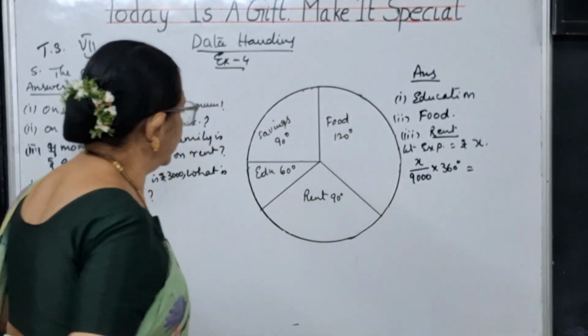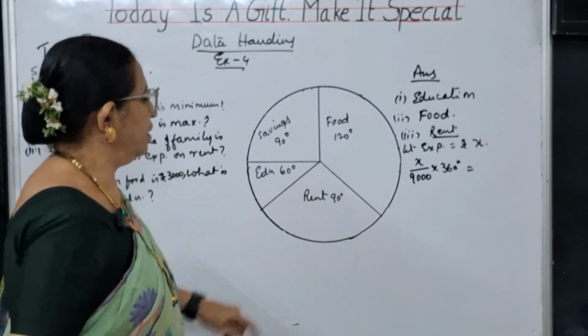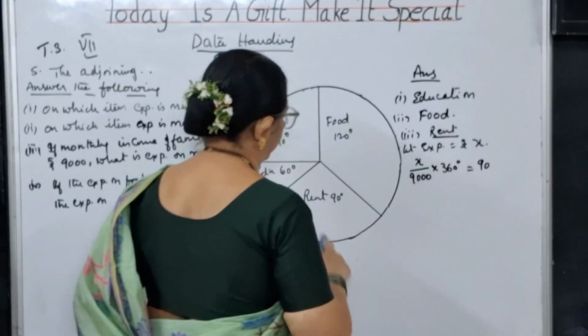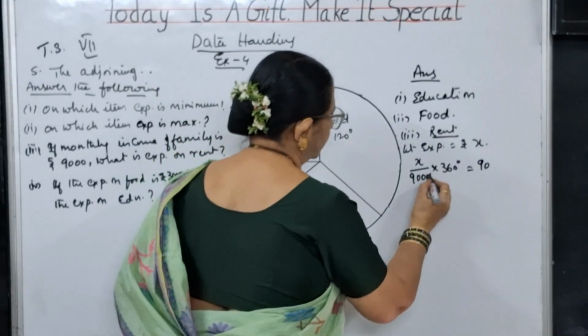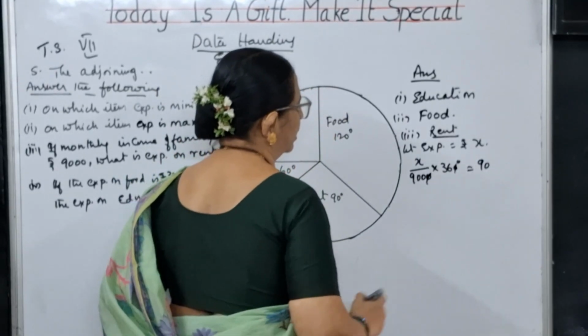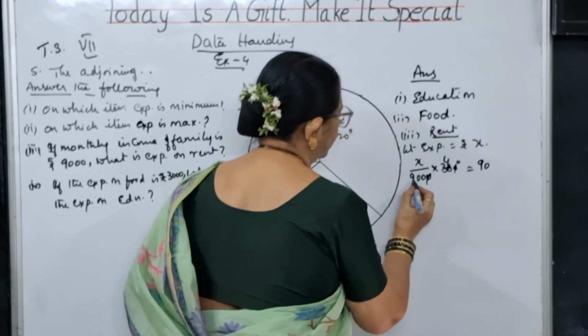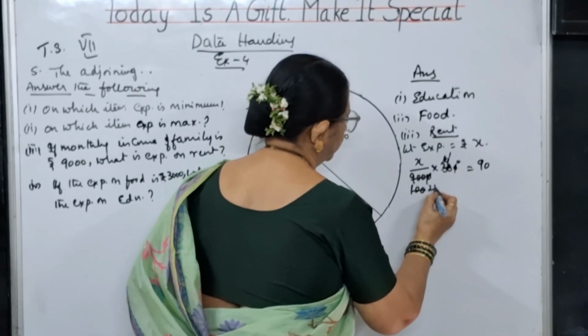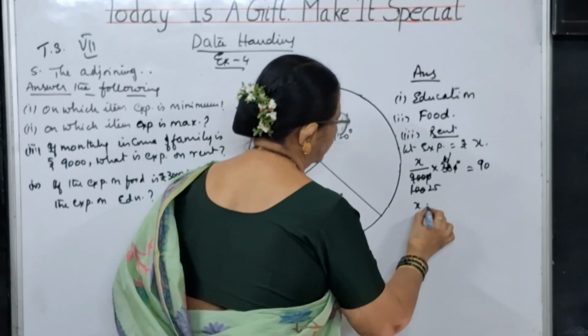This gives the answer. What is the rent angle? 90 degrees. So you will be writing it as 90. So the 0s will get cancelled. 9 fours are 36, 9 hundreds are 900, 4 ones are 4. 25s are.